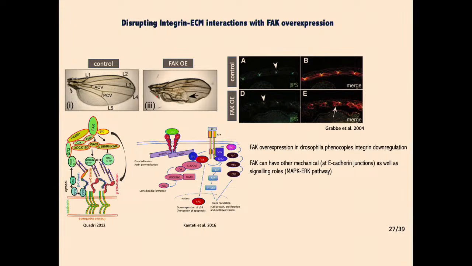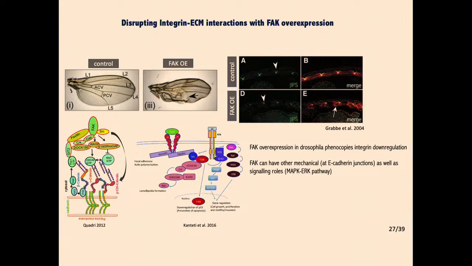If you use this tool in the wing, which you heard about this morning, you create a blister in the wing. Here you see a collapsed blister, where the blister arises because this wing is actually a bilayer, a dorsal and a ventral layer that are held together by integrin extracellular matrix interactions. So if you mess around with those interactions, the wing has a blister.